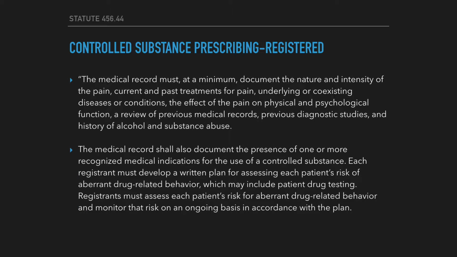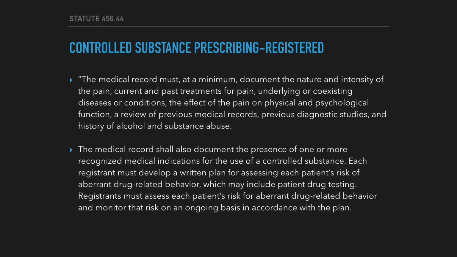All right, so this is what I thought was most important. This is what the state requires if you're a registered physician and you are prescribing these medications. Your medical record has to have, at a minimum, documentation of the nature and intensity of the pain, current and past treatments for that pain, underlying or coexisting diseases or conditions, the effect of the pain on physical and psychological function, a review of all previous medical records, previous diagnostic studies, and a history of alcohol or substance abuse has to be addressed.